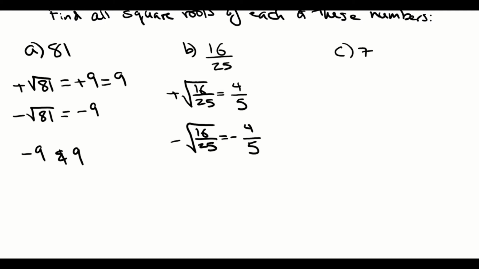For a number like 7, which is not a perfect square, the best we can do is get an approximate value from our calculator. So we'll again get the positive square root of 7 and the negative square root of 7. Let me bring up a calculator.